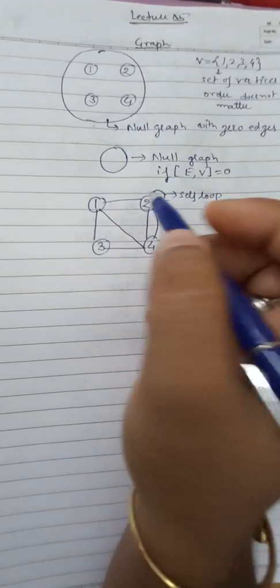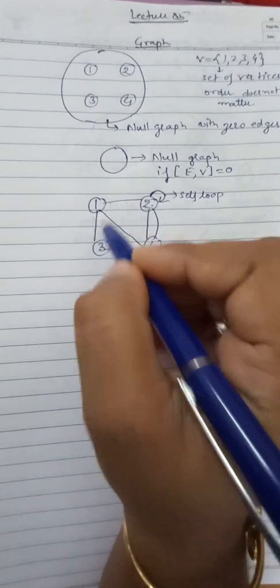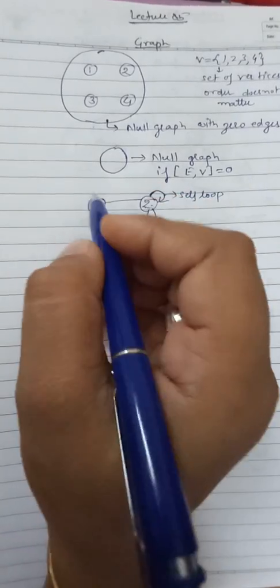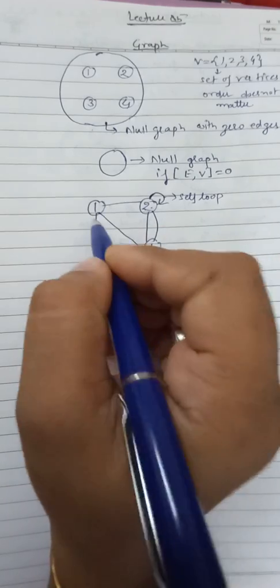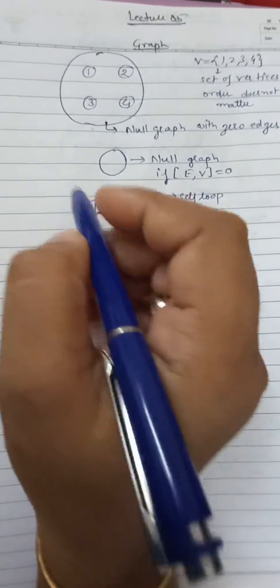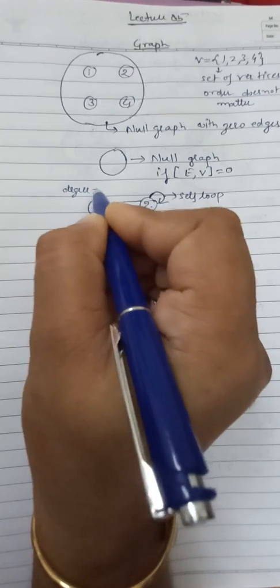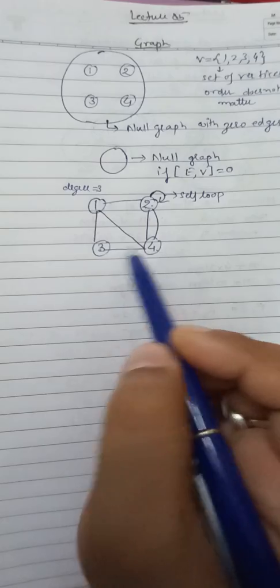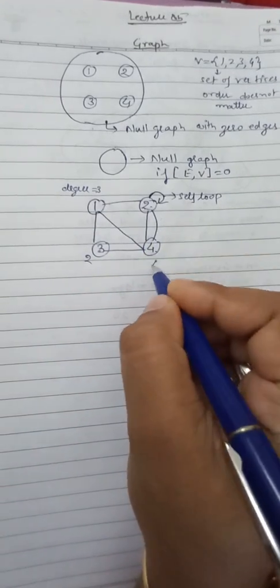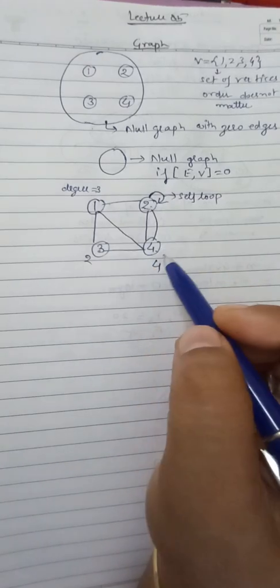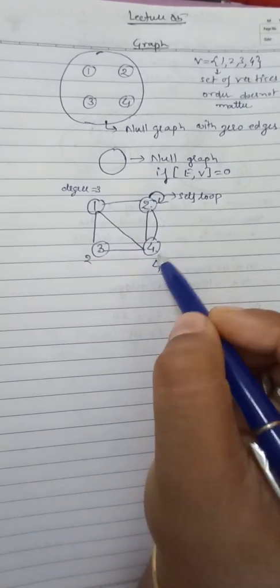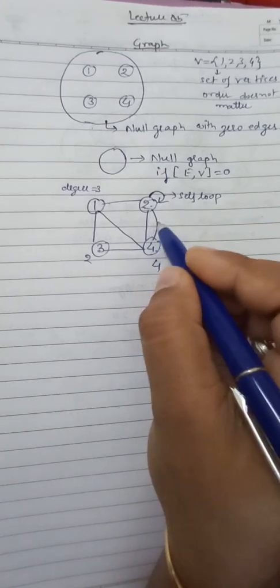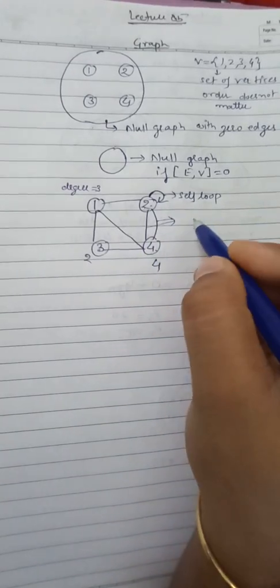These are vertices, and these are edges, and the degree of this: 1, 2, 3, 3 edges are coming, so degree equal to 3, and its degree is 2. Its degree is 1, 2, 3, 4. How many vertices are coming? 1, 2, 3, 4.